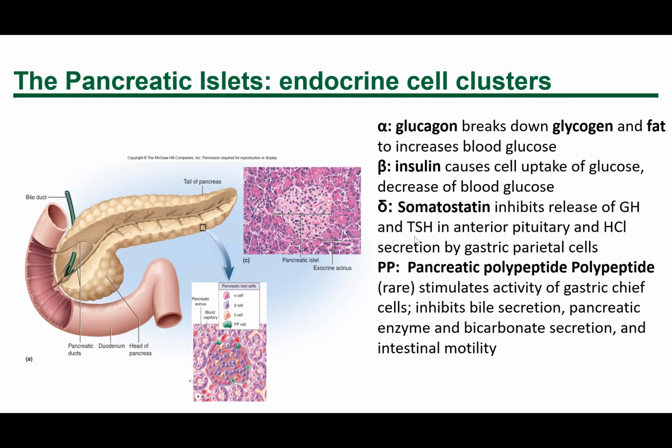It also inhibits TSH, thyroid stimulating hormone, and that's for a similar reason to growth hormone. Usually, if you see an increase in growth hormone, you also see an increase in TSH. And that is because if you're going to be doing a lot of growing, you need to be increasing your metabolism and therefore stimulating your thyroid gland. So that's the reason for it.